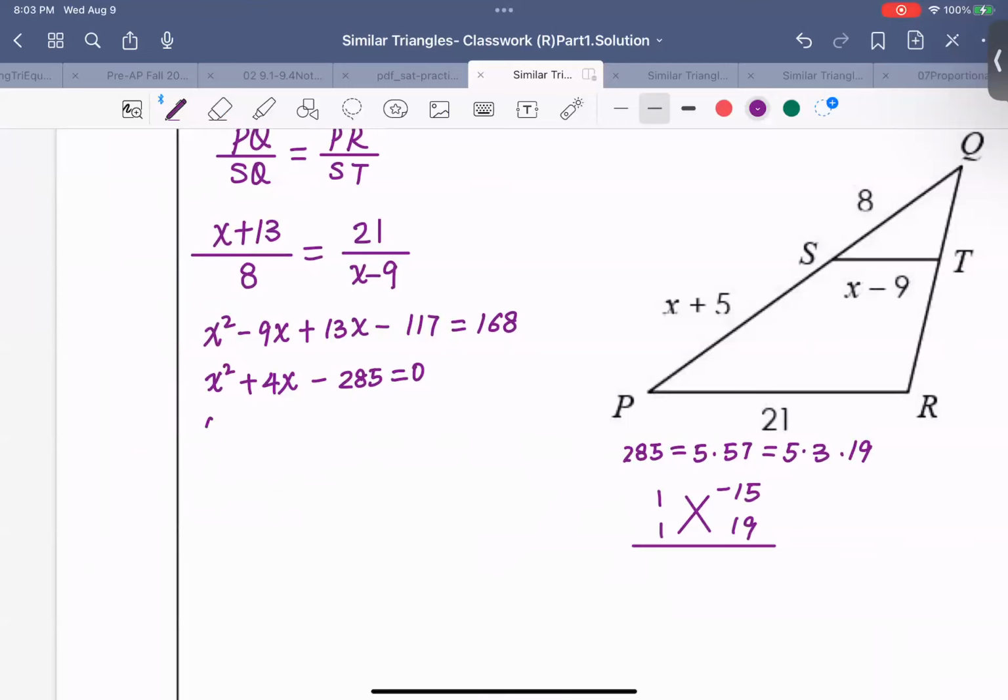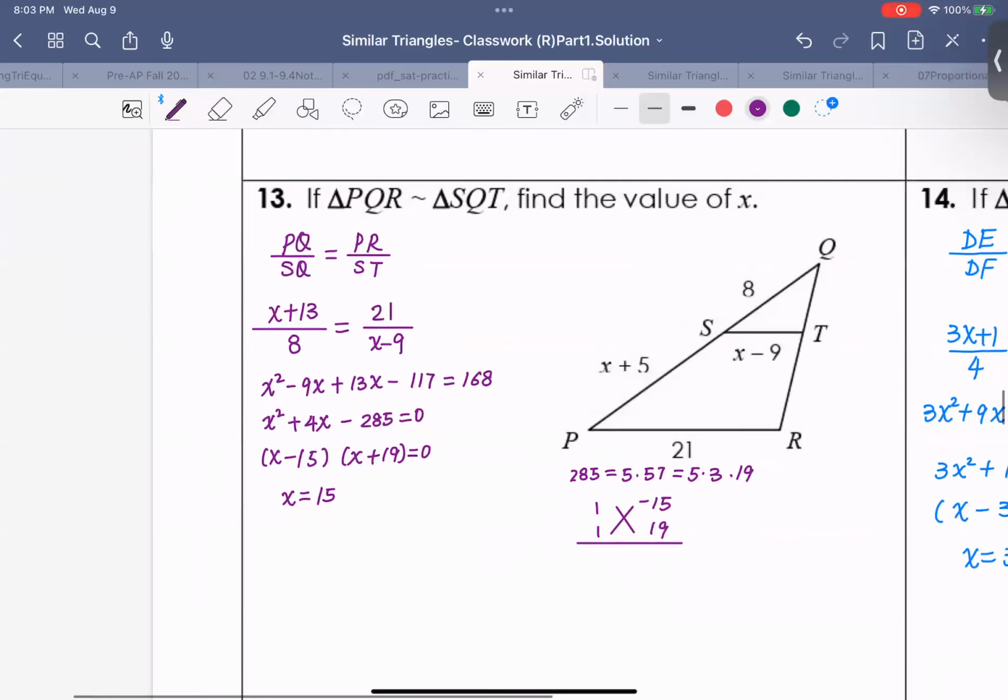So you have x minus 15 times x plus 19 equals 0. So you have your x equals 15, right? That's pretty good. This is question 13. Good job. Next one, number 14.